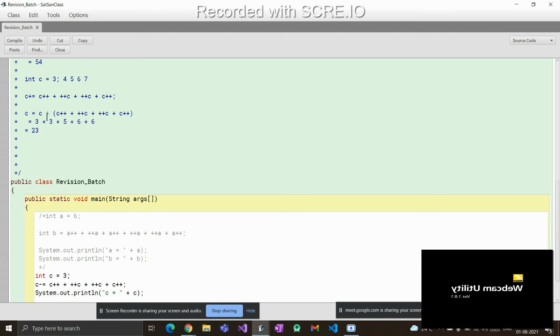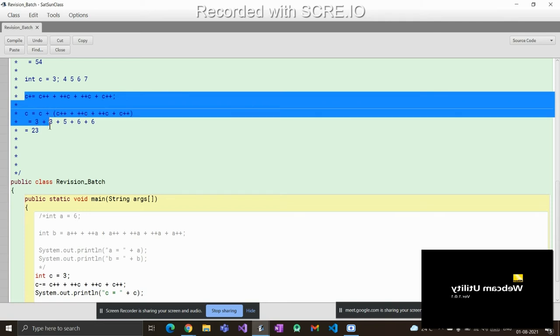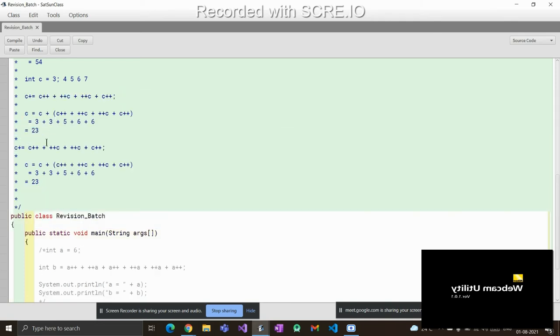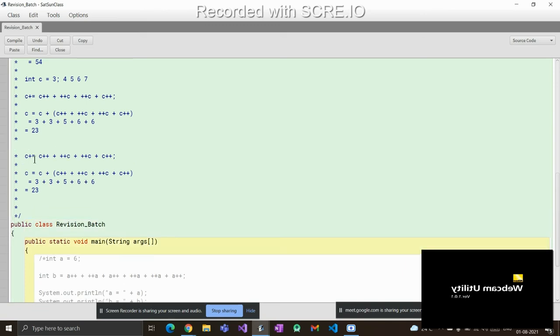But when it goes to minus, let's say I copy this expression from here and put it over here and change it to minus, so this will become minus and the whole thing will go into the bracket.